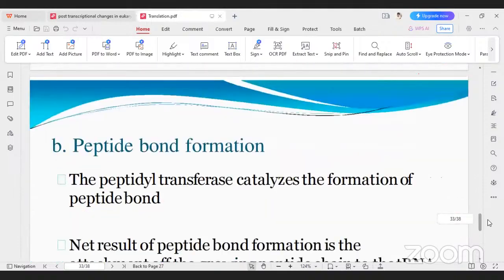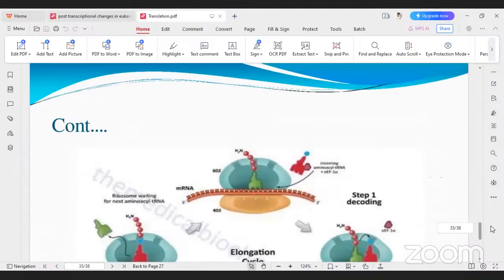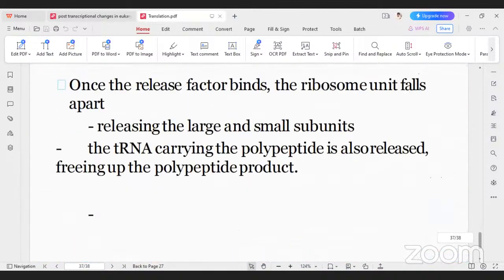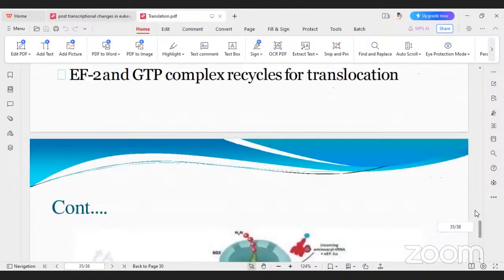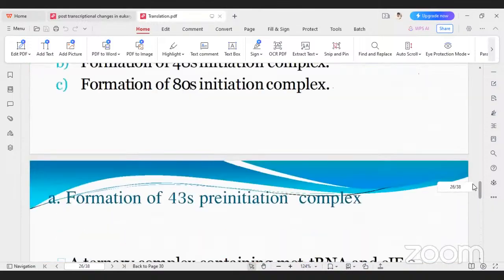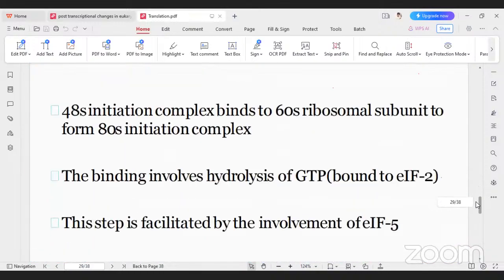Sure, not given. Actually, diagrams not given. Give the diagrams.